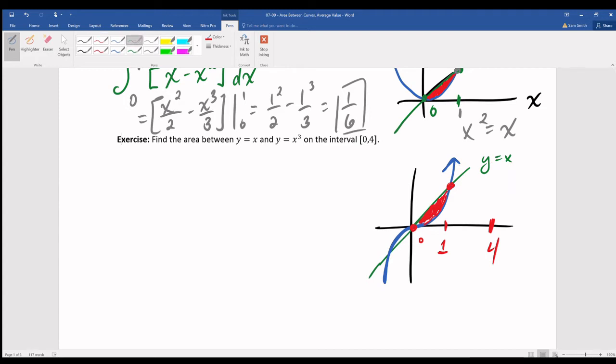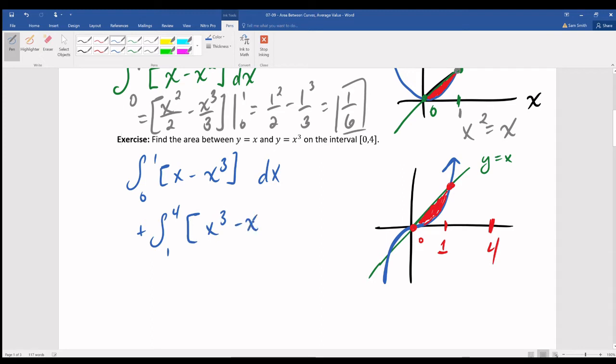So to reflect that, to calculate this area, we're going to have to do two integrals. One integral in the case that x is between 0 and 1, where the function x is the top function. And a second integral on the interval 1 to 4, where the function x cubed is the top function.